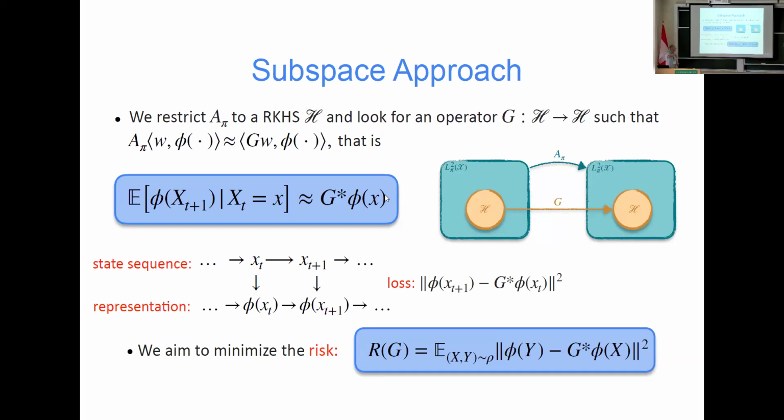So we need to choose the space H. It's a very delicate business. At the moment, it is fixed. Say I know what a good space is, and then I want to find the minimizer of this risk functional over operators on H. There is a parallel here, for instance, with the paper by Cucker and Smale, On the Mathematical Foundations of Learning.